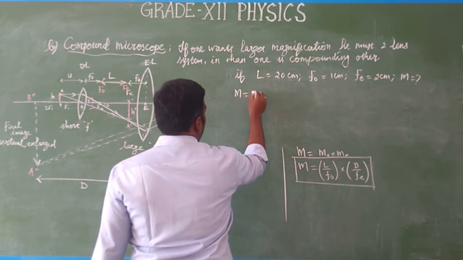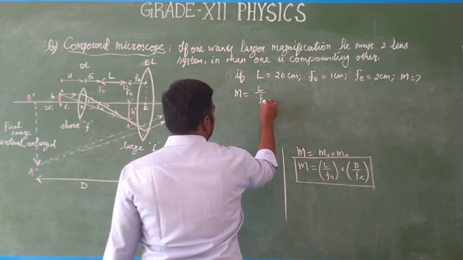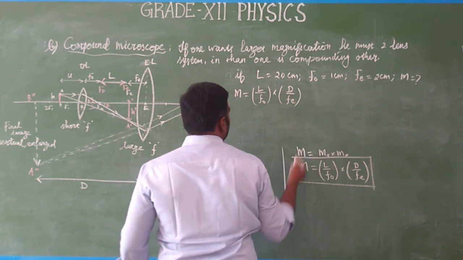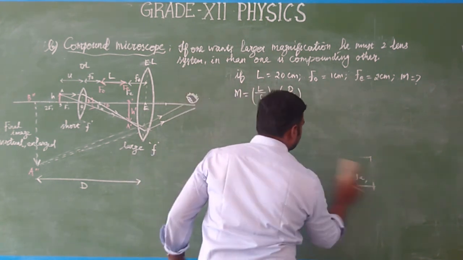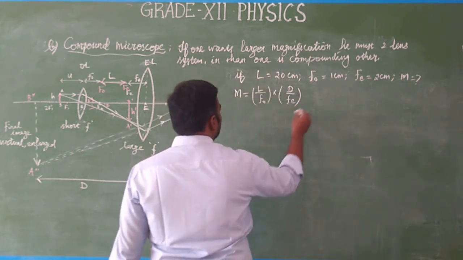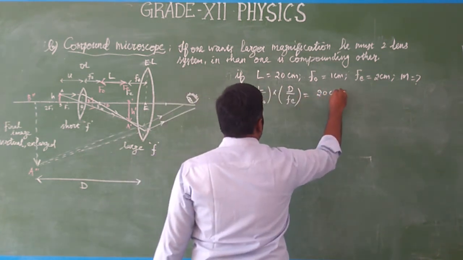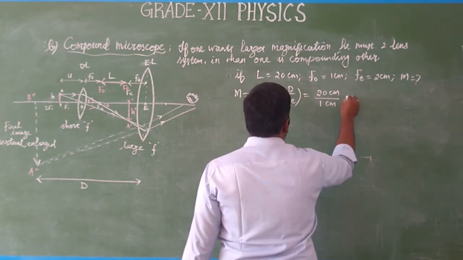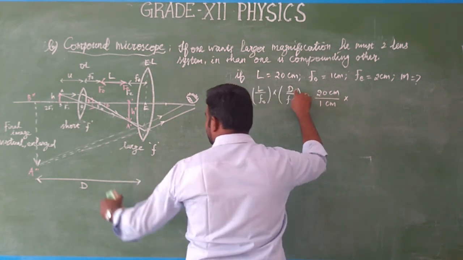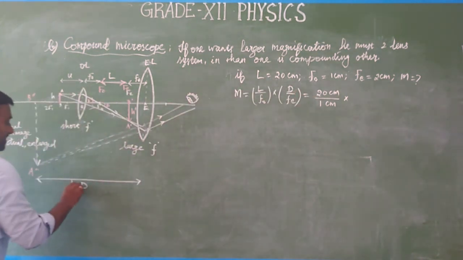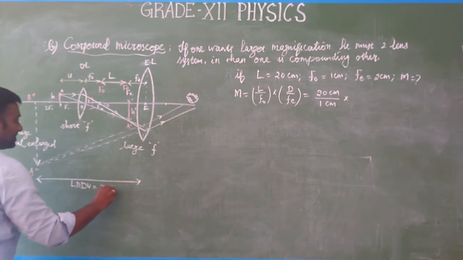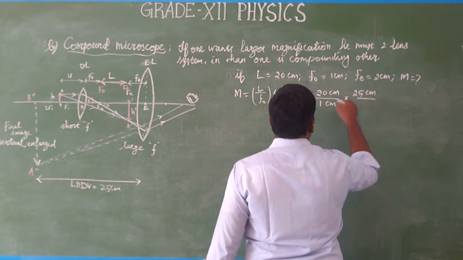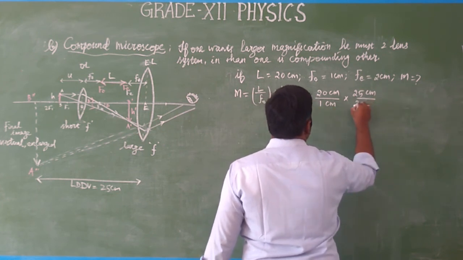The total magnification of this combination is equal to L by Fo into D by Fe, no? So substitute the values. Tube length is given, that is 20 centimeter, divided by focal length of objective lens, 1 centimeter, into least distance of distinct vision, that is 25 centimeter, divided by focal length of eye lens, it is 2 centimeter.